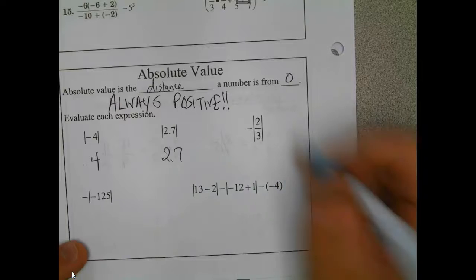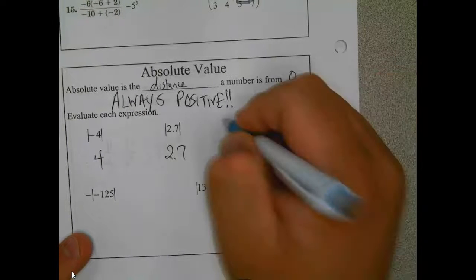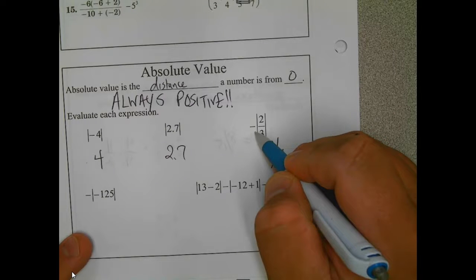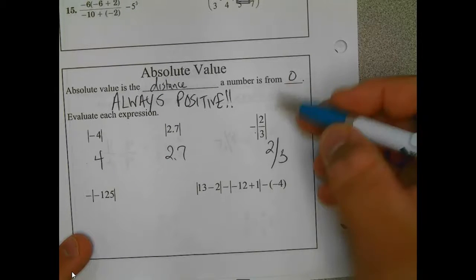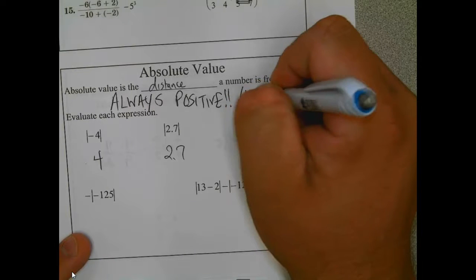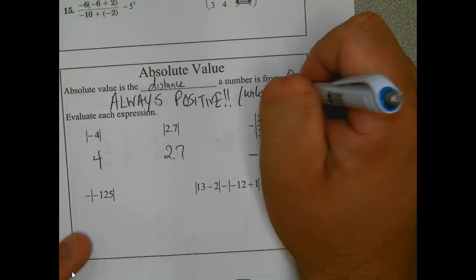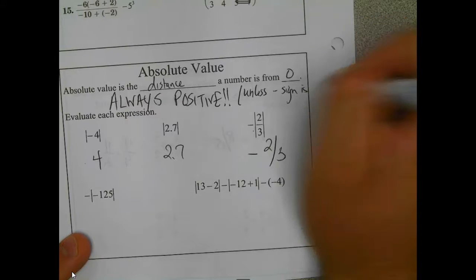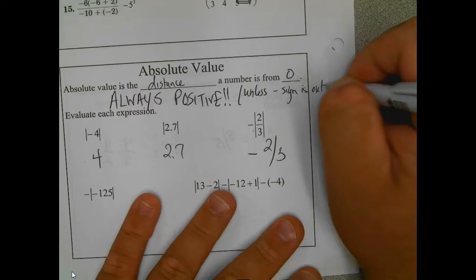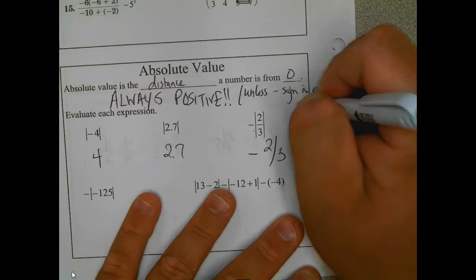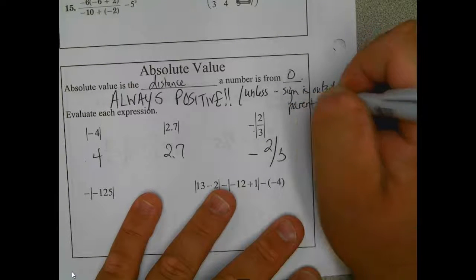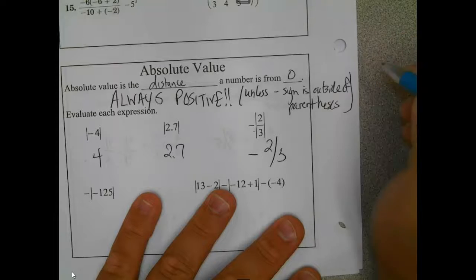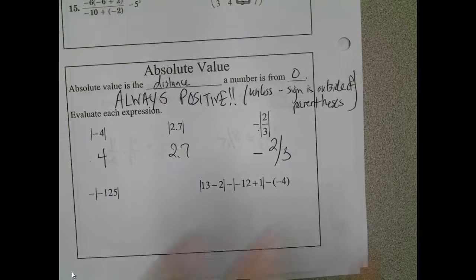The absolute value of 2/3 is 2/3, except for the fact that the negative sign is outside of the parentheses. So this means that that answer is negative. So if the minus sign is outside the parentheses, the answer will be negative. Okay? But no matter what number is inside the absolute value, that answer is positive.